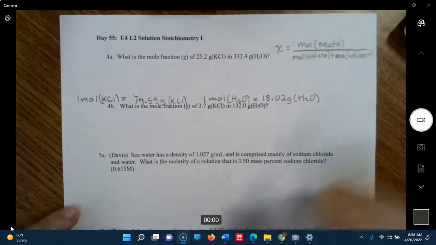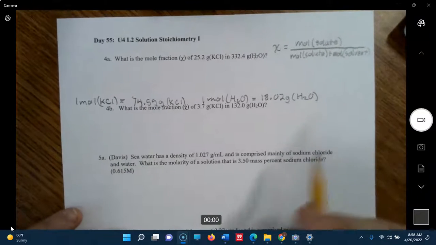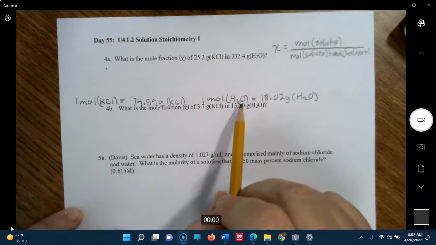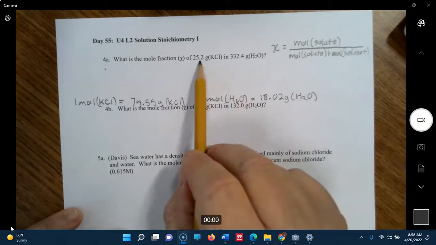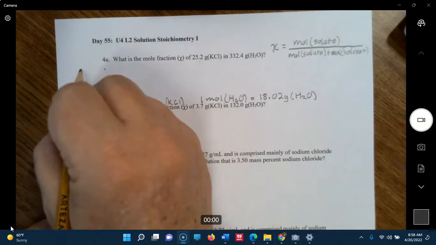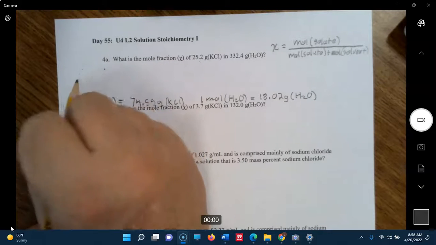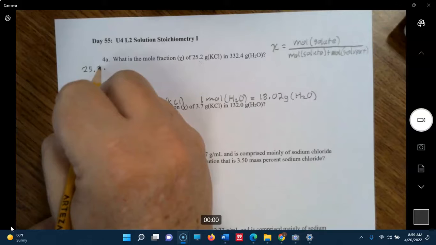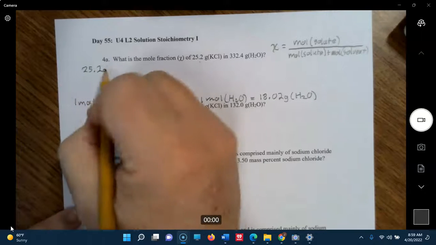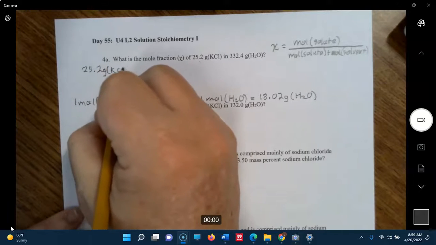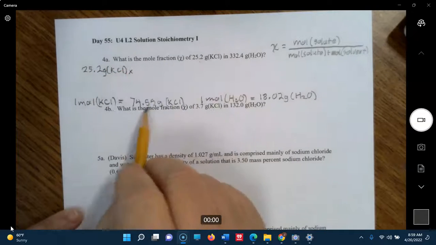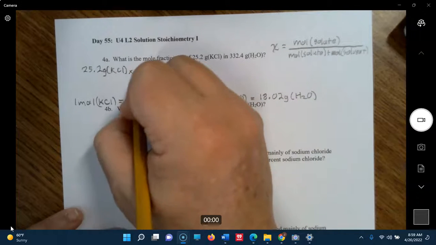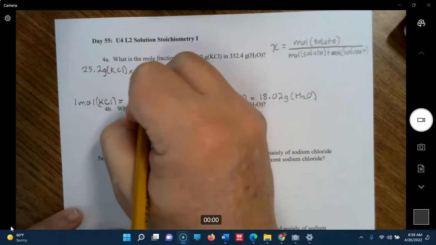Okay, so we're just going to plug that in. You don't multiply by 100% or anything like that. So first of all, you have to do molar mass conversions because you're given grams. So we're going to go ahead and do that right here. And it's 74.55 grams of KCl for every mole. We need to get it into moles.